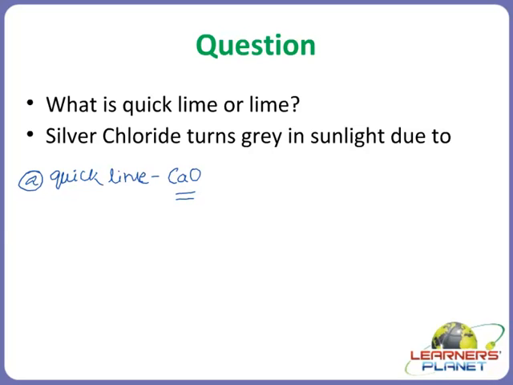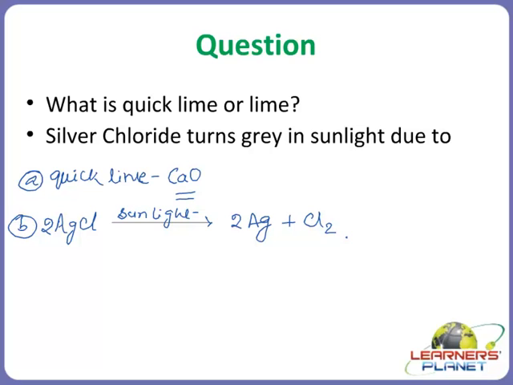Now our second question is, silver chloride turns grey in sunlight due to. Why does it turn grey? When the silver chloride, that is AgCl, is exposed to sunlight, it undergoes decomposition, giving silver and chlorine.